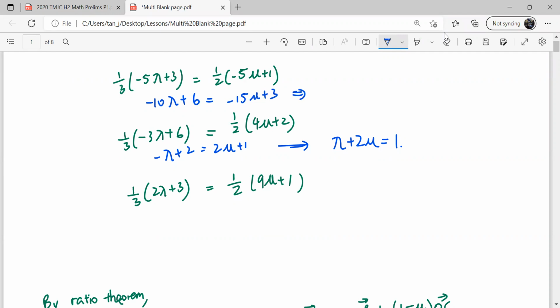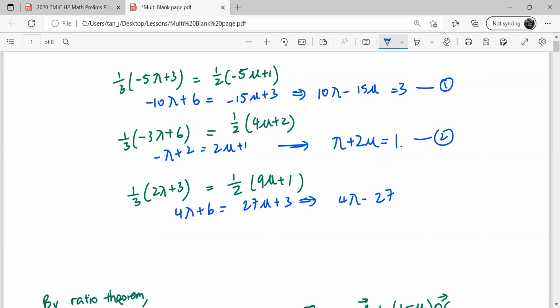So bring over: 10 lambda minus 15 mu equals 3. Equation 1, equation 2, and cross multiply: 4 lambda plus 6 equals 27 mu plus 3. So cross over: 4 lambda minus 27 mu equals minus 3.